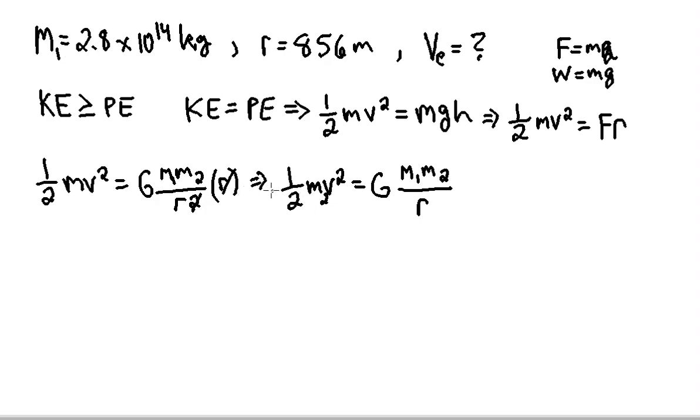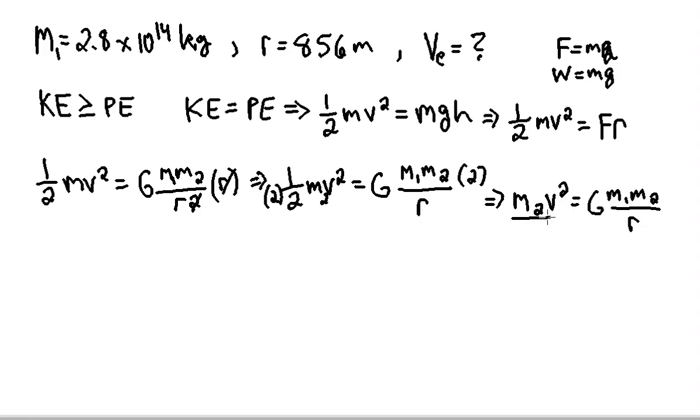So when I do the algebra, I multiply by 2 here, multiply by 2 here. That gives me m2v squared equals g times m1 times m2 divided by r.